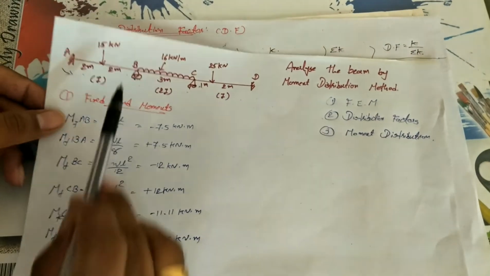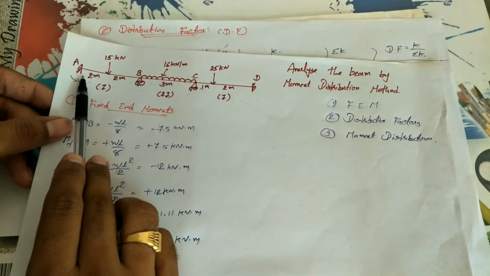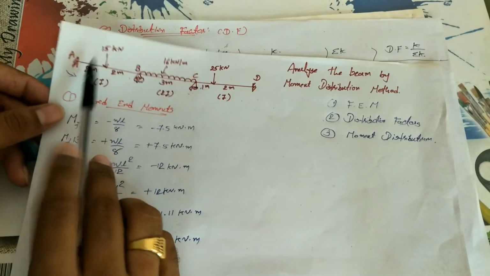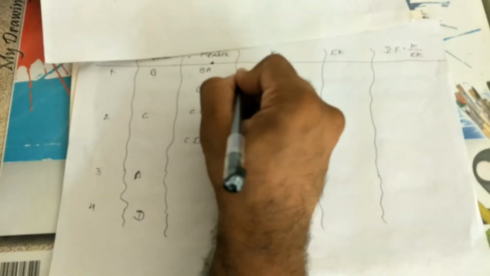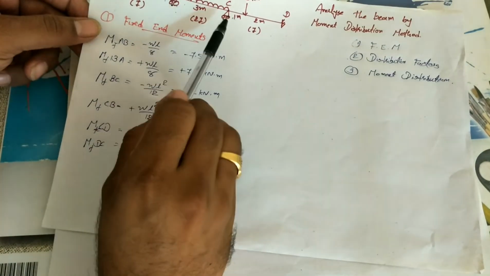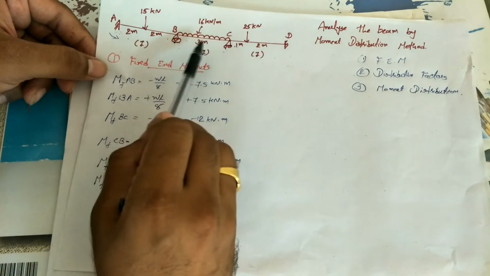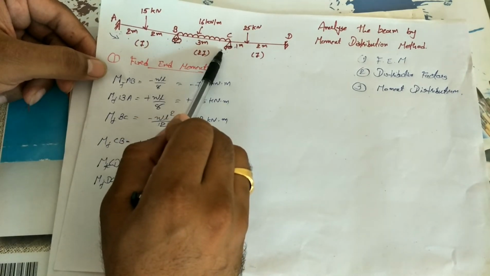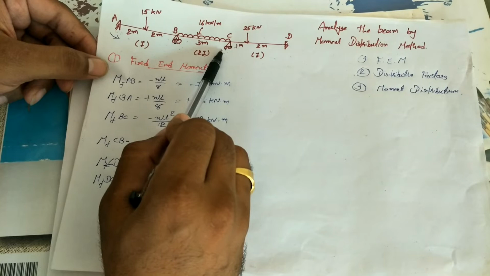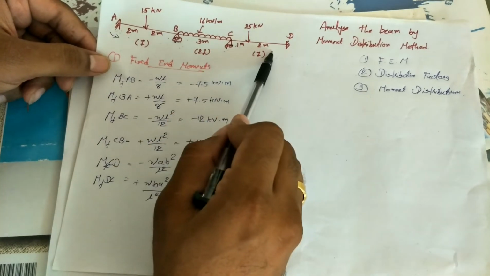For joint B, member BA: as the far end is fixed, the stiffness is 4EI by L. Next is BC. For BC the far end is simple, and for simple the stiffness is 3EI by L, but there is continuity of span.